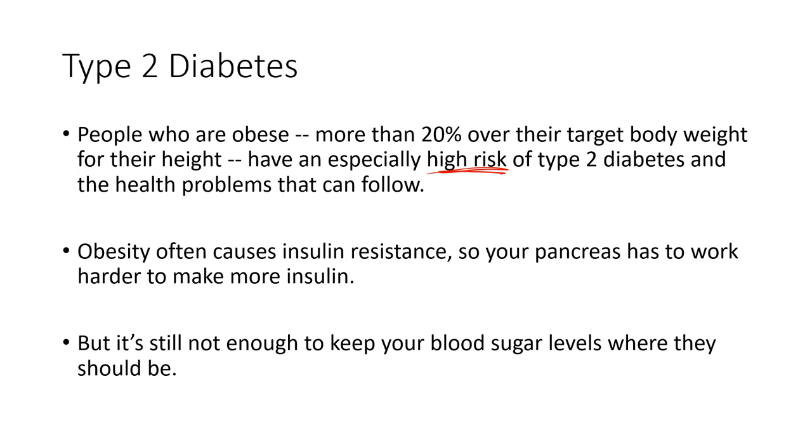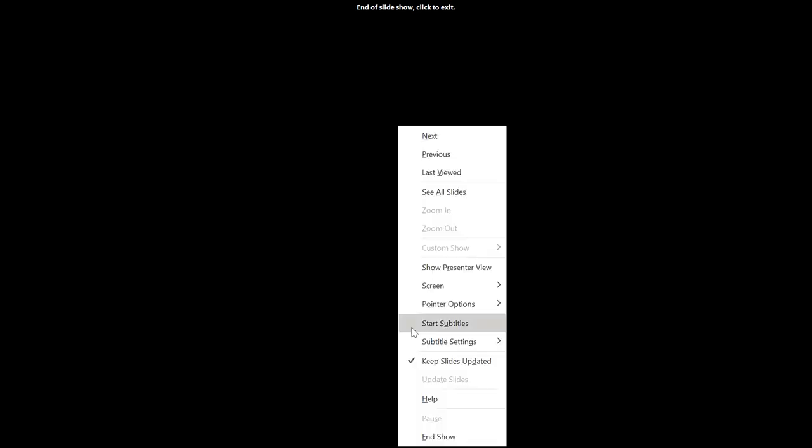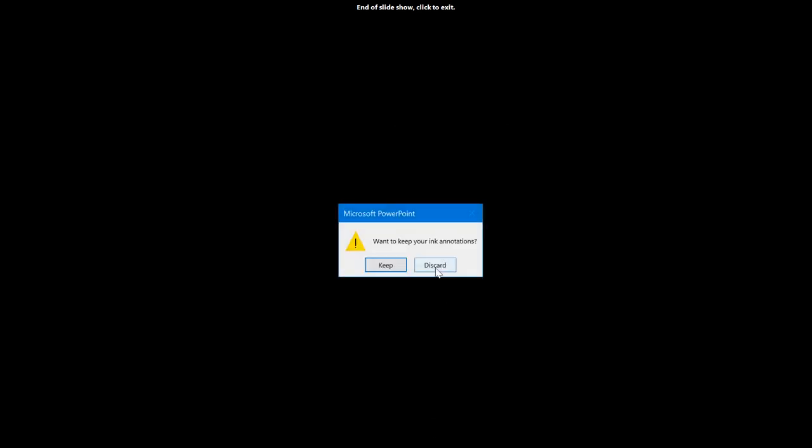So it's kind of a dead organ as far as insulin production goes. Type 2 diabetes, however, the pancreas is still working. So people who are obese, if they lose the weight, could become no longer insulin resistant, and the pancreas will work pretty well. Okay, so that is it for insulin.